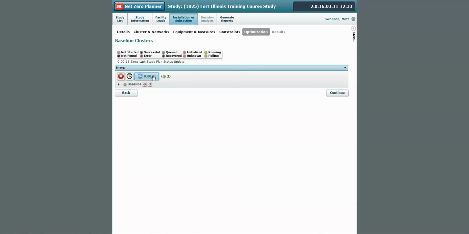We'll click again. Now we see the status has changed. It's gone to polling. That means that the optimization is done. It's completed. That information is being parsed out and brought back to the interface so we can view it in the results. We can refresh again. This does take a moment as well.